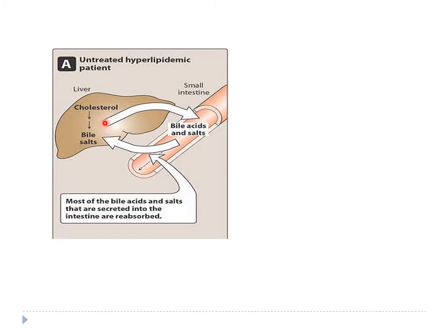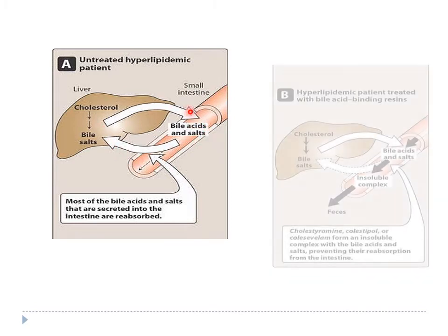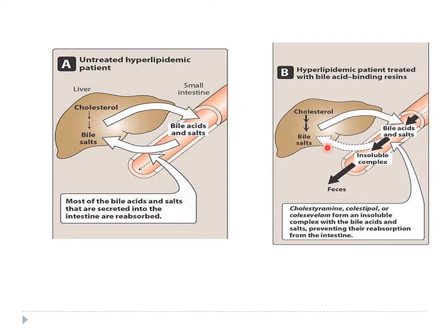So this is what's happening normally. We have already discussed it, but let's revise it. Bile salts and bile acids are synthesized from cholesterol in the liver, and these bile acids are stored in gallbladder, and when needed they go to the small intestine where they emulsify fats, and then they are reabsorbed. But what happens when we give bile acid binding resins?